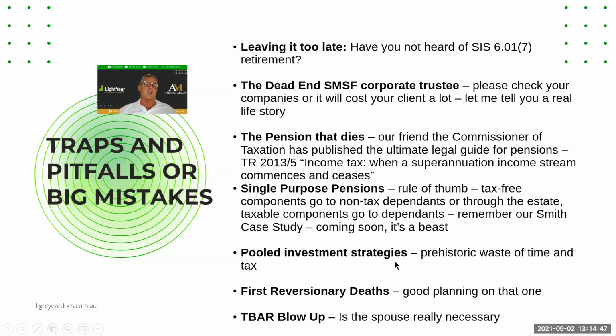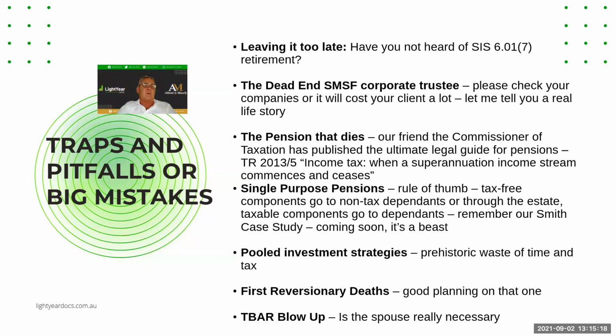Pooled investment strategies. So what I mean by that, we've got pensions and we've got accumulation, particularly now we're running maybe 6-member funds. Just have separate investment strategies for the pension side. The reason we do that, if we've got the younger generation doing LRBAs, the outstanding liabilities in the LRBA, if it's a pooled investment strategy, will actually spread across the whole of the members of the fund, which will have a T-bar impact on the pension members.